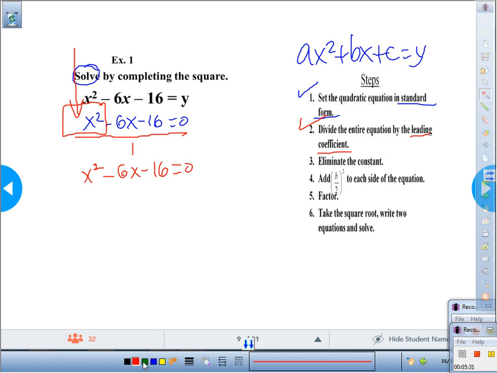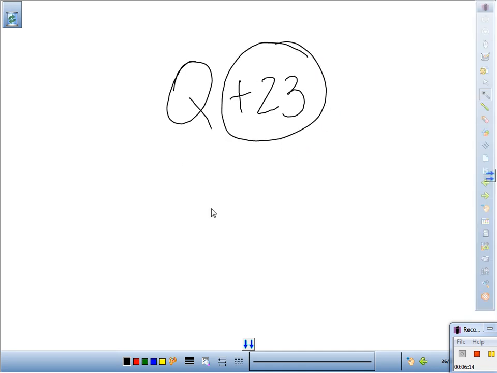Step 3. It says, eliminate the constant. Let me take you back to the beginning of the school year, when I introduced expressions. I said, here's a variable, here's a constant. The number without the variable is a constant.